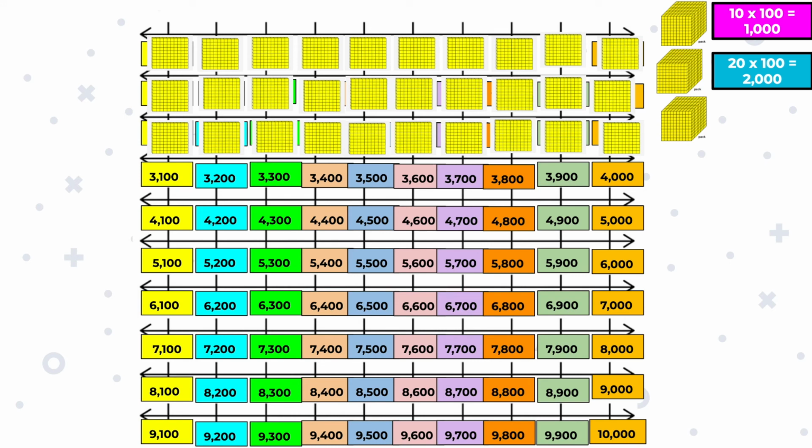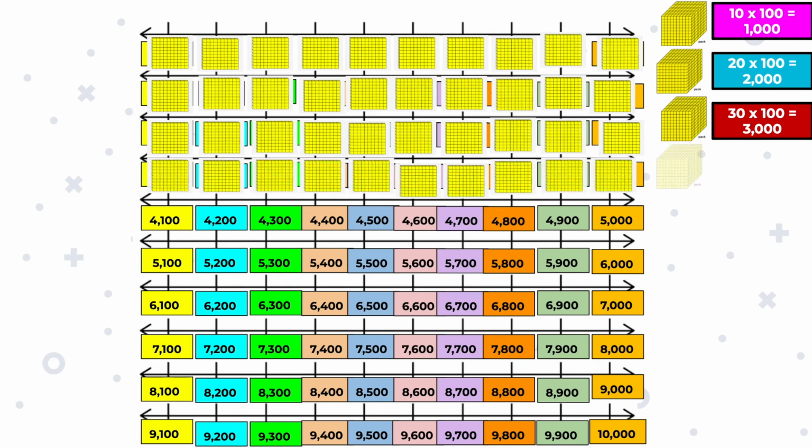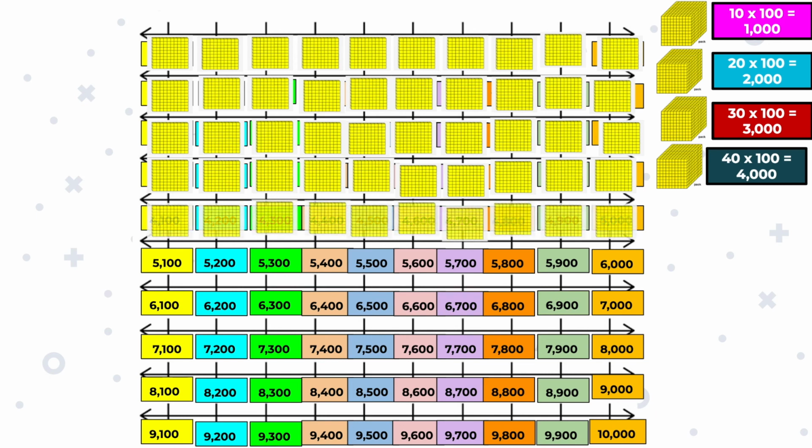And the multiplication equation shows we have 30 hundreds blocks with 100 cubes in each block, which gives us a total of 3,000. Every time we add another 1,000, we add another 10 hundreds, just like this. 10 hundreds, another 1,000. Now we have 40 hundreds for a total of 4,000. Another 10 hundreds, which means another 1,000, which means we now have a total of 50 hundreds blocks for a total number of 5,000 cubes.